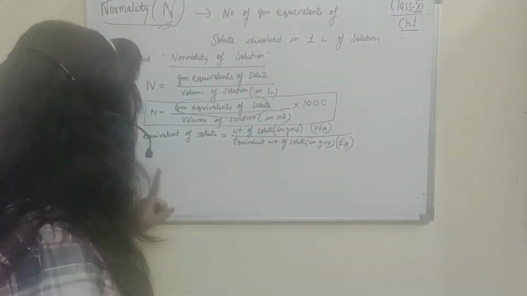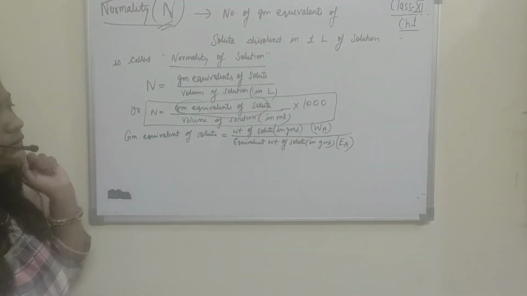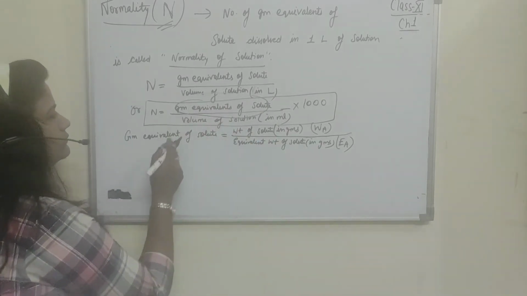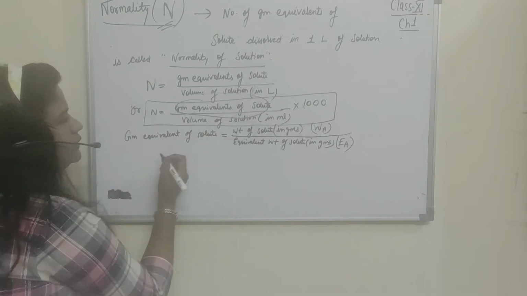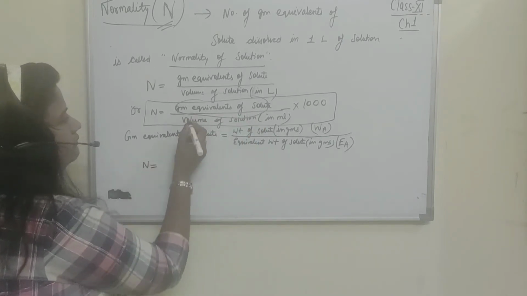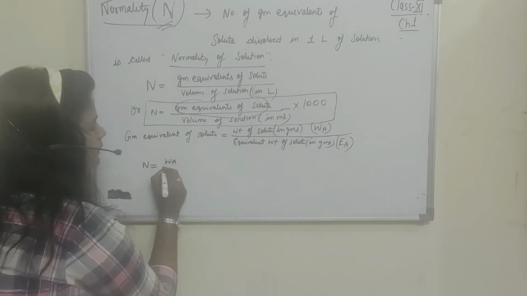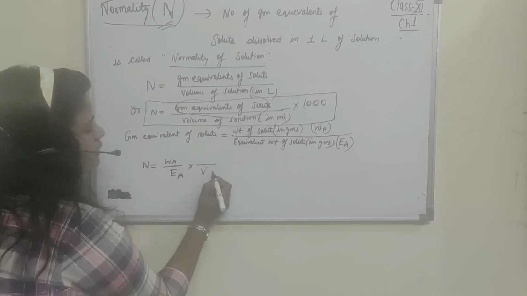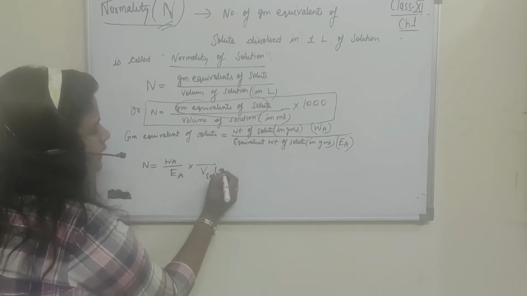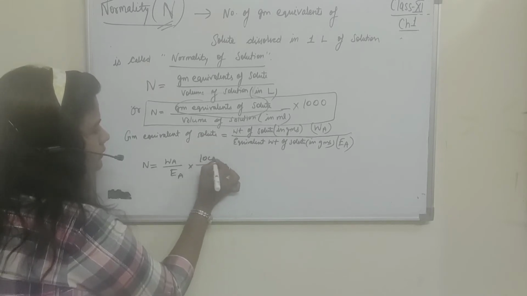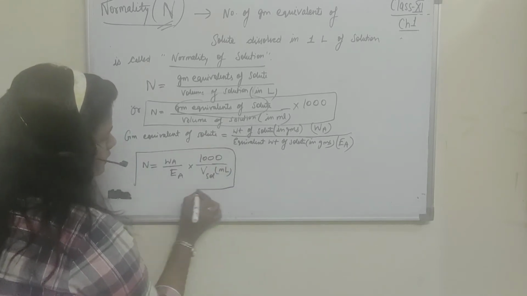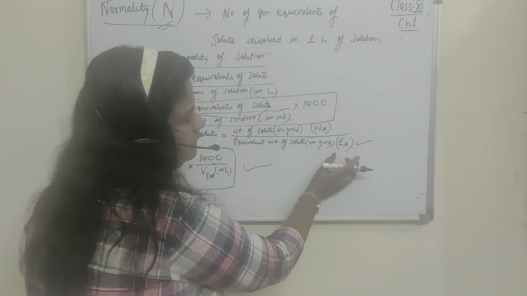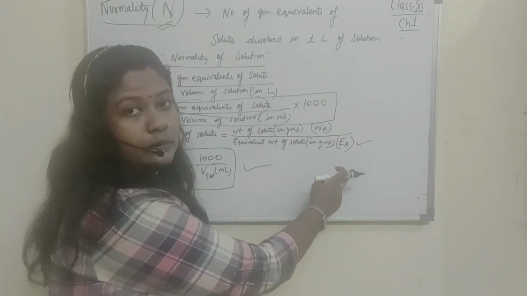We substitute this in the formula. Therefore, capital N will be equal to WA upon EA multiplied by 1000 upon volume of solution in ml.